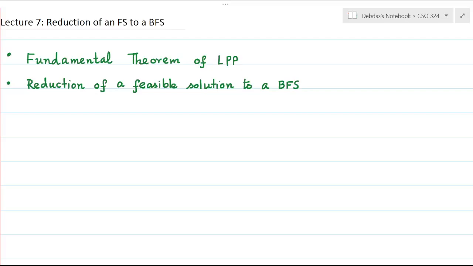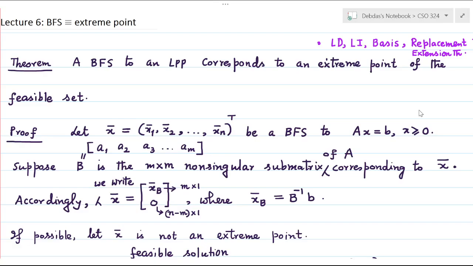Hello, my dear students. The topic of discussion in this lecture is the fundamental theorem of linear programming problem, and then we will describe how we can reduce a feasible solution to a basic feasible solution. In the last lecture, I was describing the equivalence between a basic feasible solution and an extreme point of the feasible set.